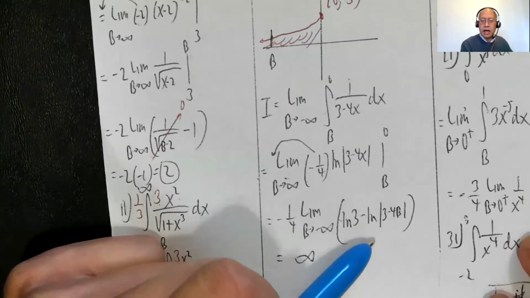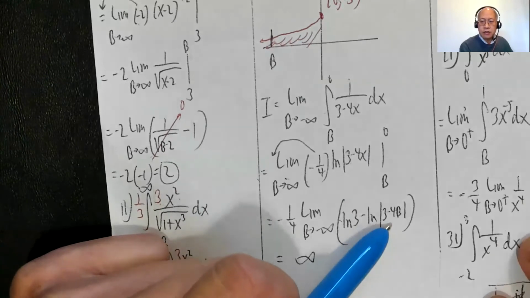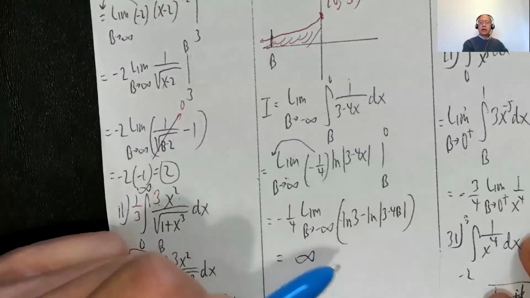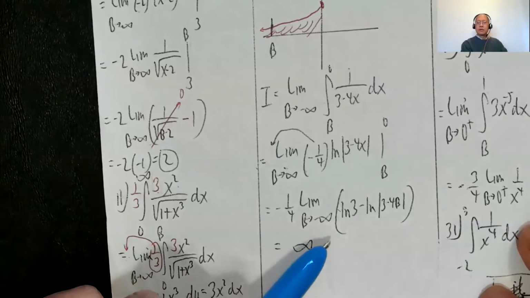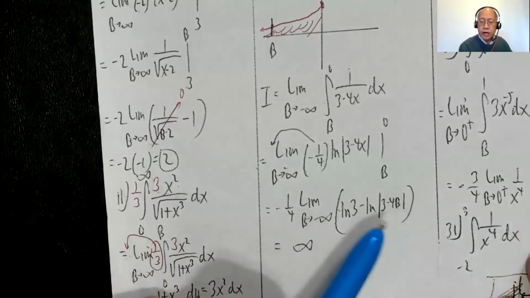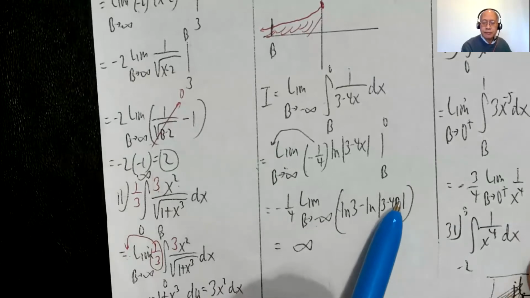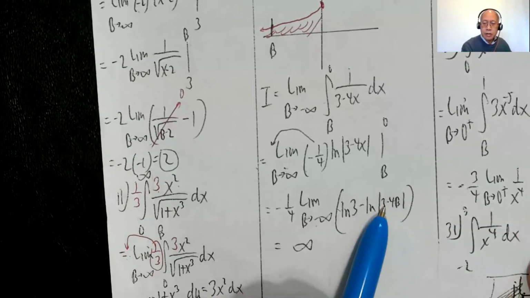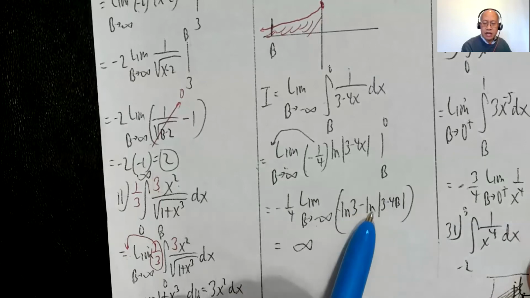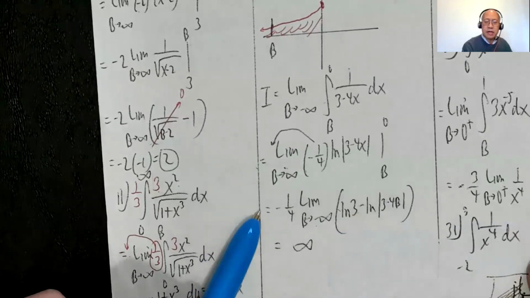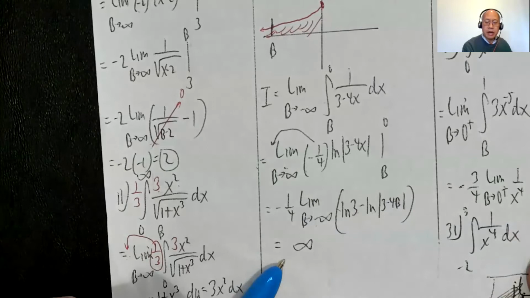And plug in b, ln absolute value of 3 minus 4b. When b gets big negative, negative a billion, this is a big number. ln of 3 minus that is a big negative. So big negative times negative 1/4, a big positive. So the answer is infinity. You get an infinite amount of area in this particular case.